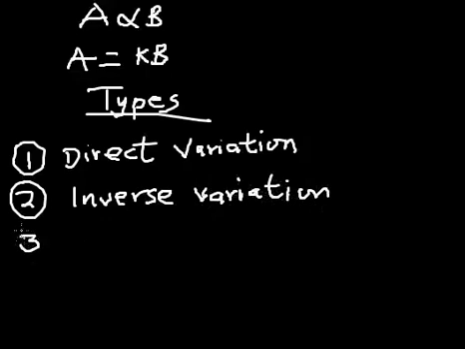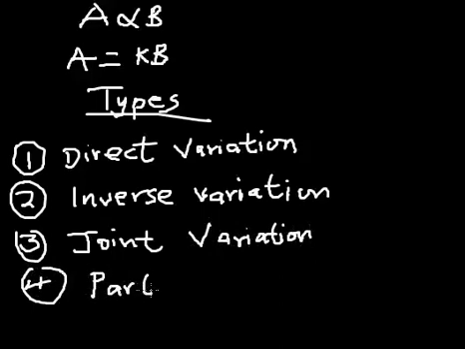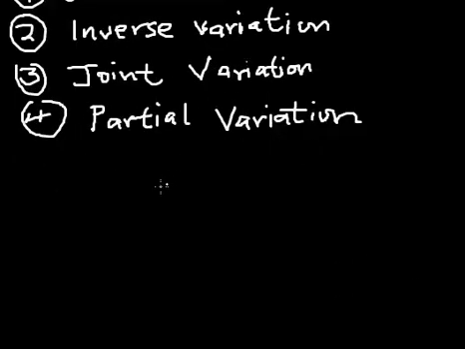Then also joint variation. Then finally partial variation. So these are the different types of variation we're going to handle, and of course we'll solve questions on them. Starting with the very first one, direct variation.